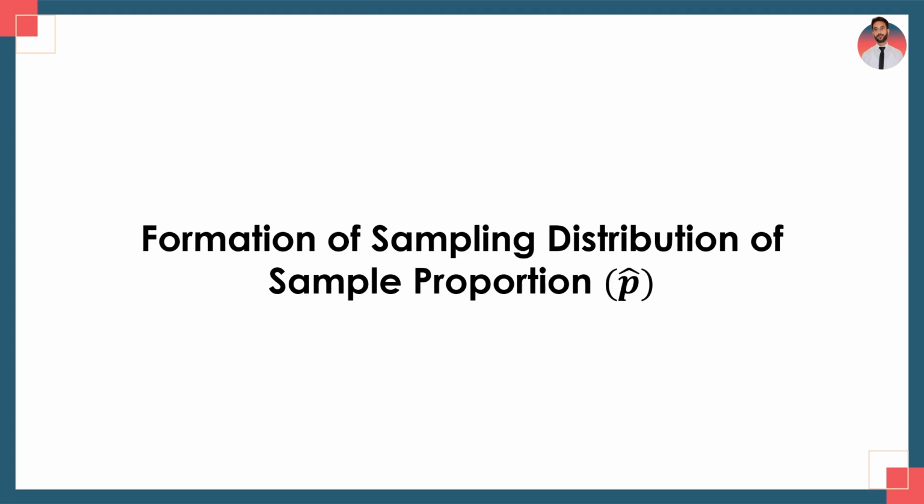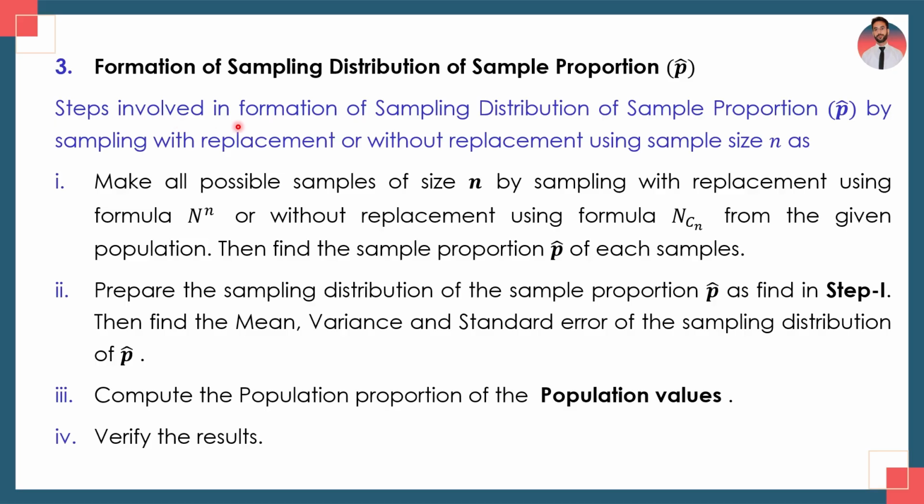In the second point, I will discuss the formation of sampling distribution of sample proportions p hat. Steps involved in formation of sampling distribution of sample proportions p hat by sampling with replacement or without replacement using sample size n are as follows.